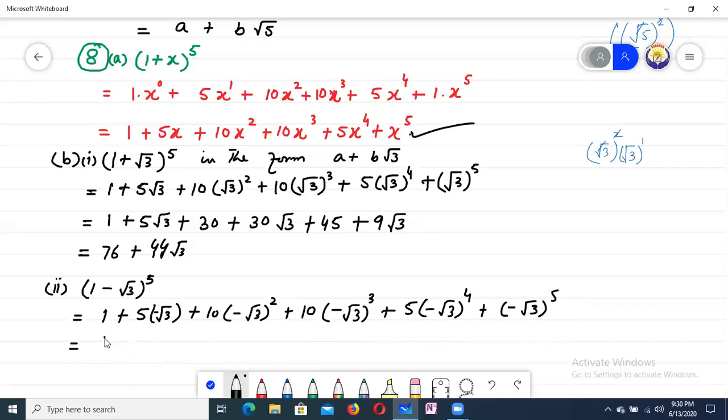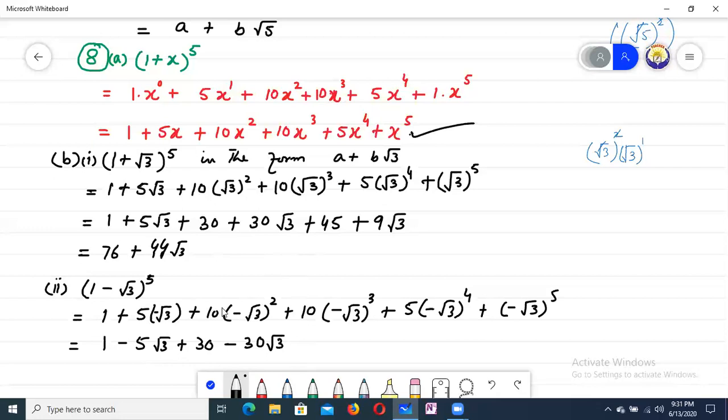Now here 1 minus 5 square root 3, here minus squared is plus, and the square root cancels, 10 threes are 30, then minus with cube will be negative sign there, and here will be 30 square root of 3.